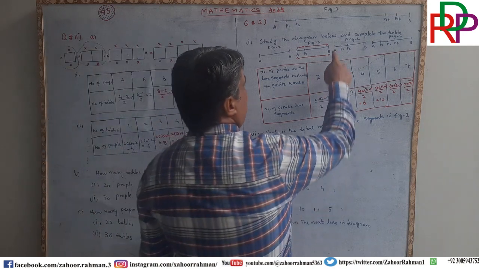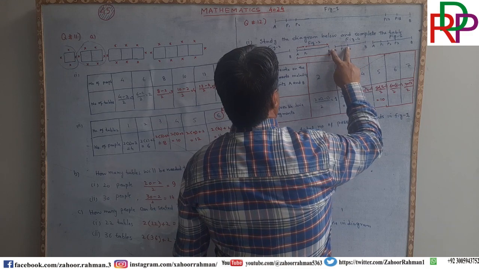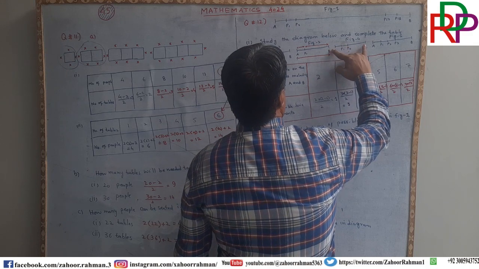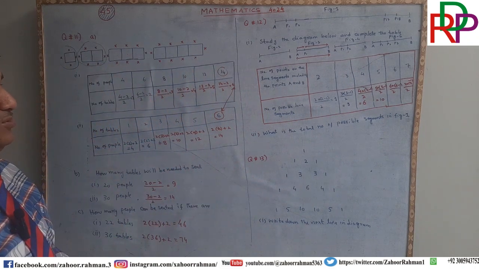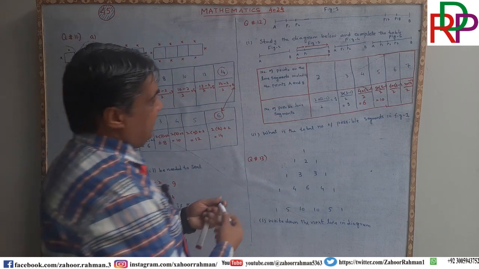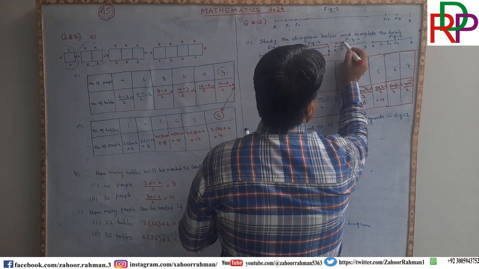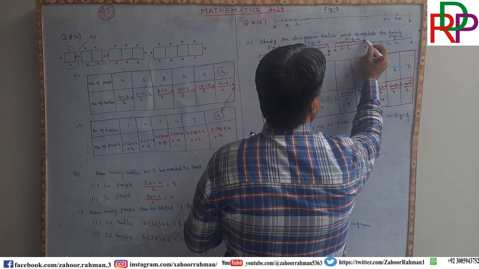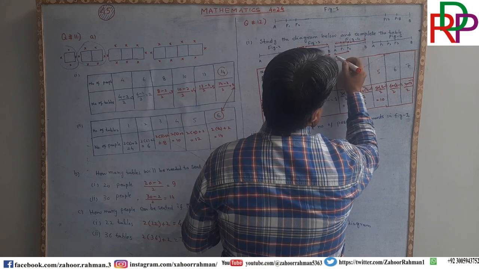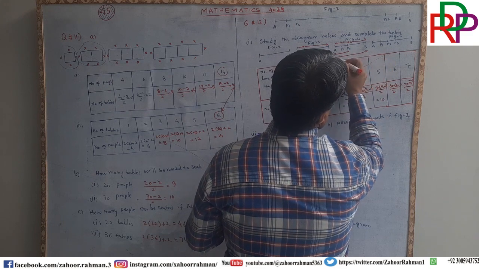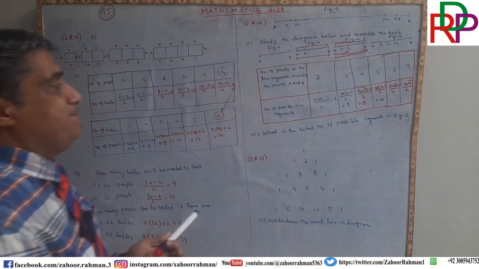In this, 1, 2, 3, 4, 5, and this is 6. So 6 are possible. So we are generalizing this formula. Again, I am saying that this is one possibility, this is the second possibility, this is the third possibility, this is the fourth possibility, this is the fifth possibility, and this is the sixth possibility.